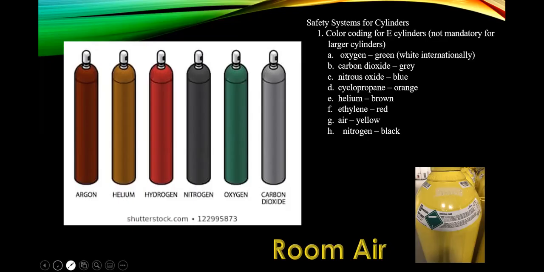When I say safety, I'm saying keep me from inhaling nitrous oxide. I'm thinking I'm getting oxygen, but I accidentally got nitrous oxide because I was colorblind. So what else could you do? Because all the gases come in all the different sizes. What else could I do to keep me from inhaling the wrong gas?